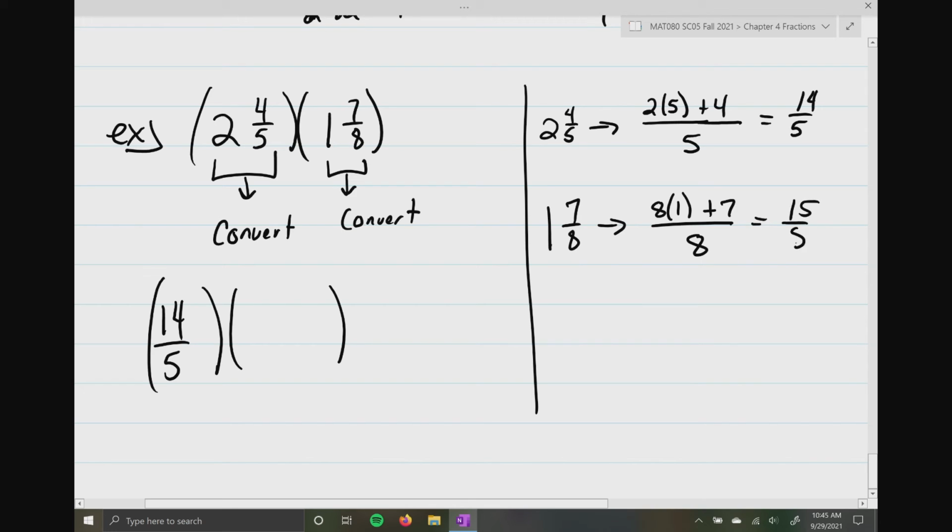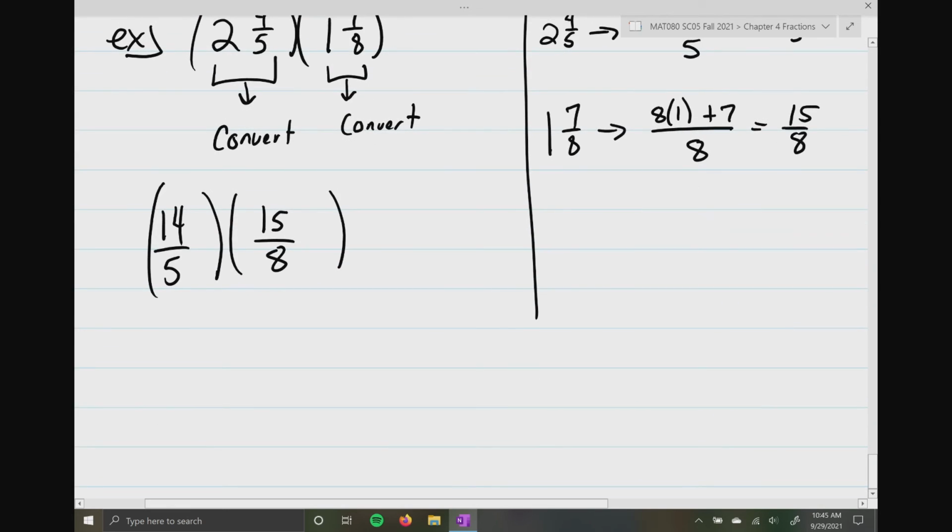So we have 15 over 8. All right. How are we looking so far? Are we all on the same page? Yes. Okay. So now that I've converted from mixed numbers into improper fractions, we just multiply now.